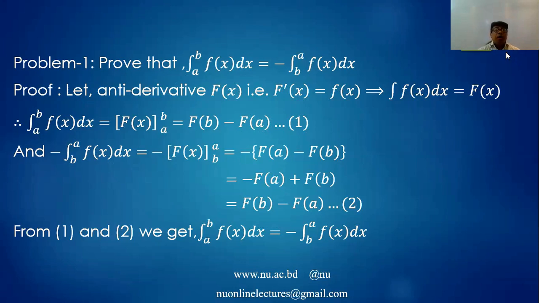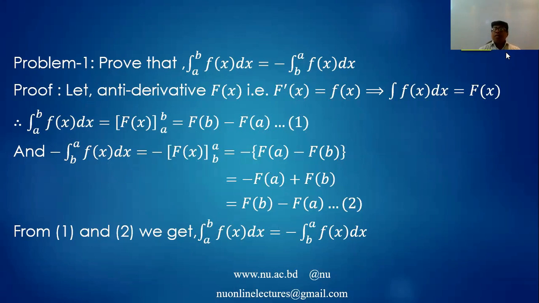Proof. Let F be the antiderivative of f of x, that is, F prime of x equals f of x. If you differentiate or integrate, as we know, differentiation and integration are inverse processes.